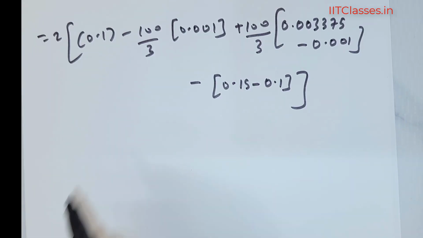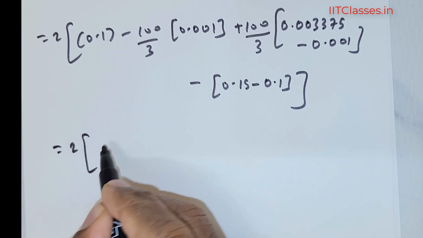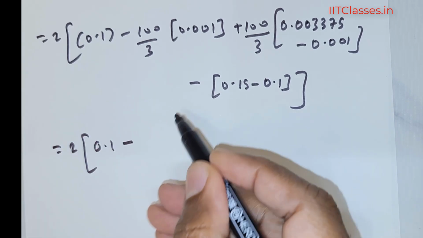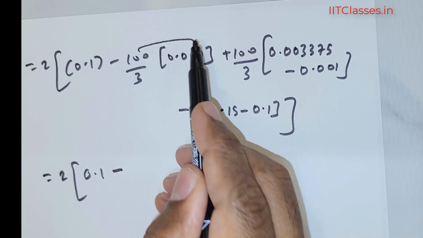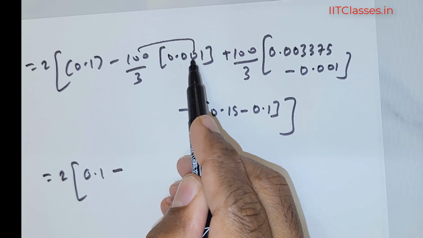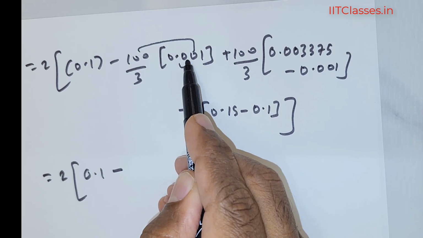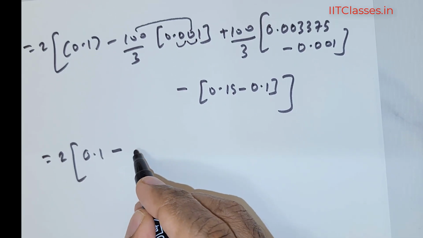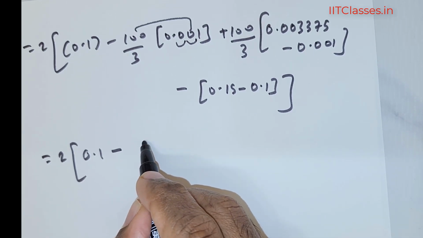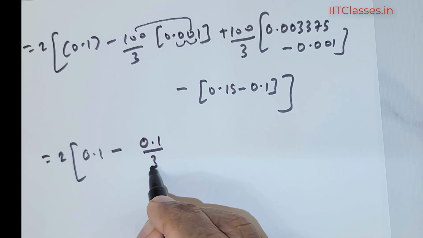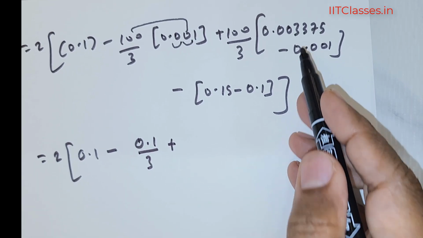This is going to be equal to 2 times of 0.1. I'm going to multiply 100 with 0.001, so the decimal will move 1 and 2 places. So this is going to be 0.1 over 3 positive.